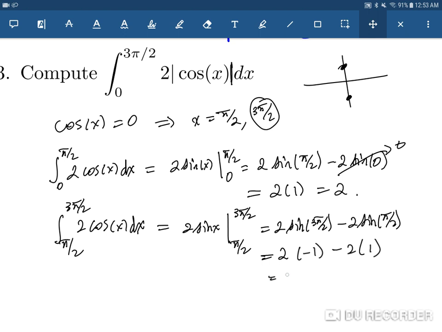So that gives you minus 2 minus 2, and that gives you minus 4. So the integral from pi over 2 to 3 pi over 2 of 2 cosine of x is minus 4.